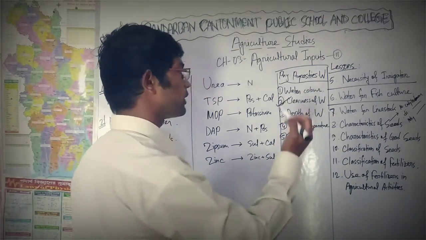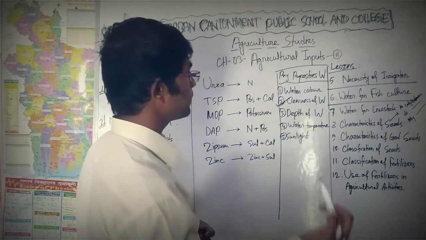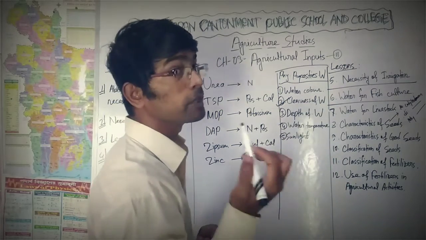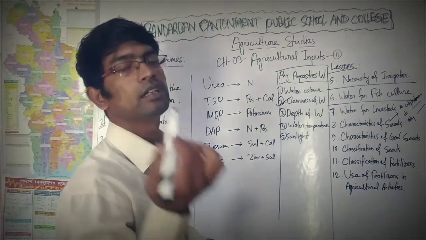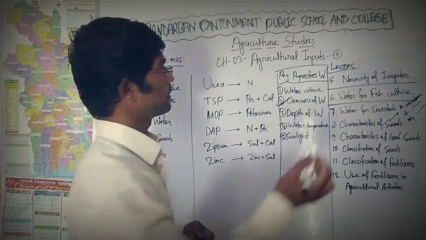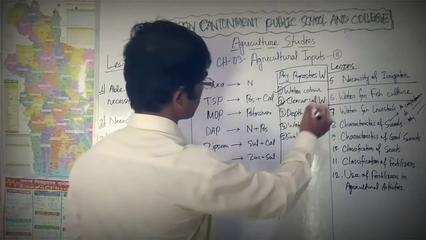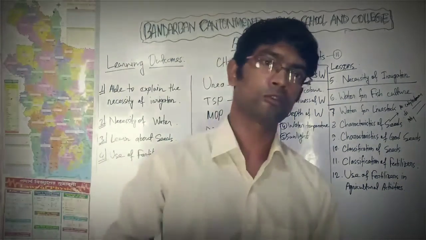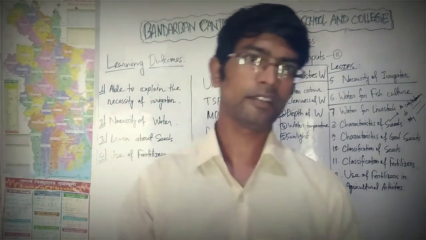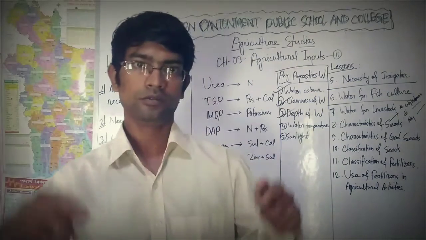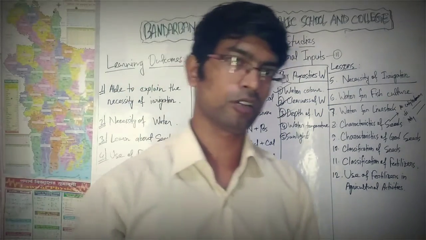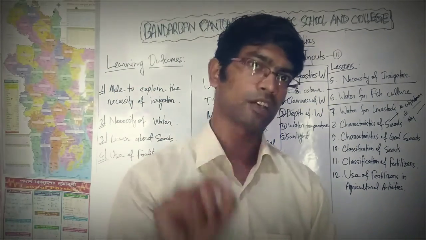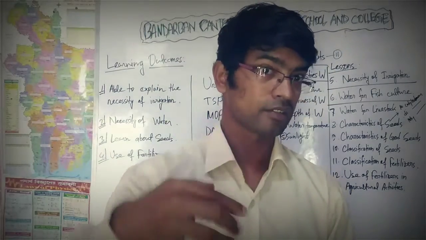There is a scale in your textbook for how clear the water should be for ideal fish culture. And then the water color and the depth of water. If we want to culture fish in a pond, the depth of the pond is generally 2.5 meters or 2 meters, that means 6 feet.